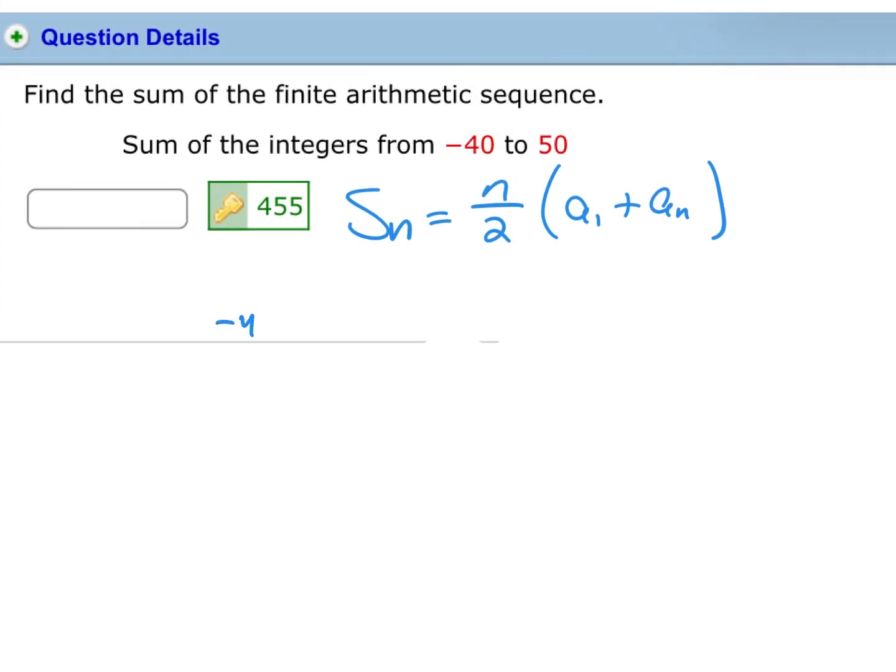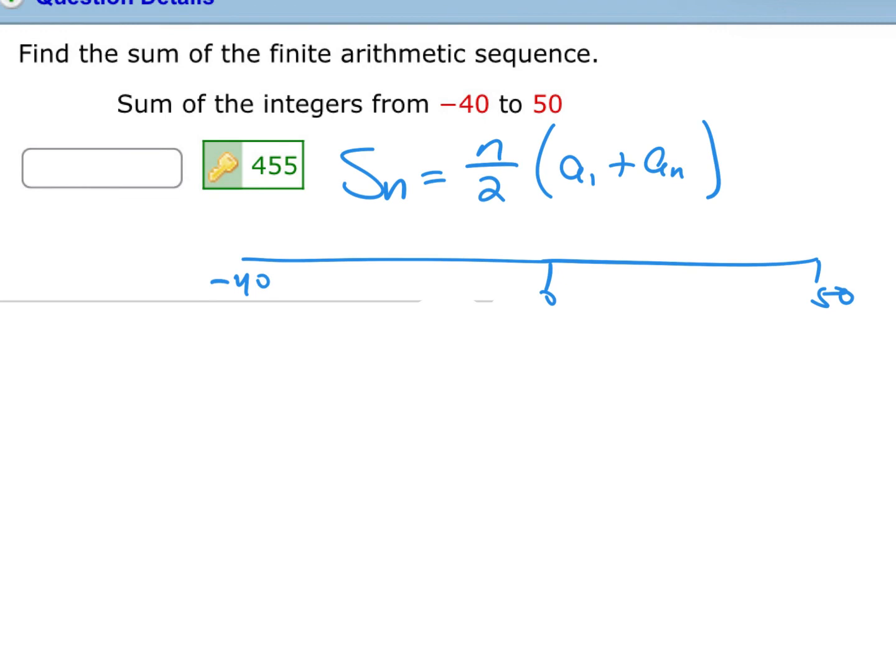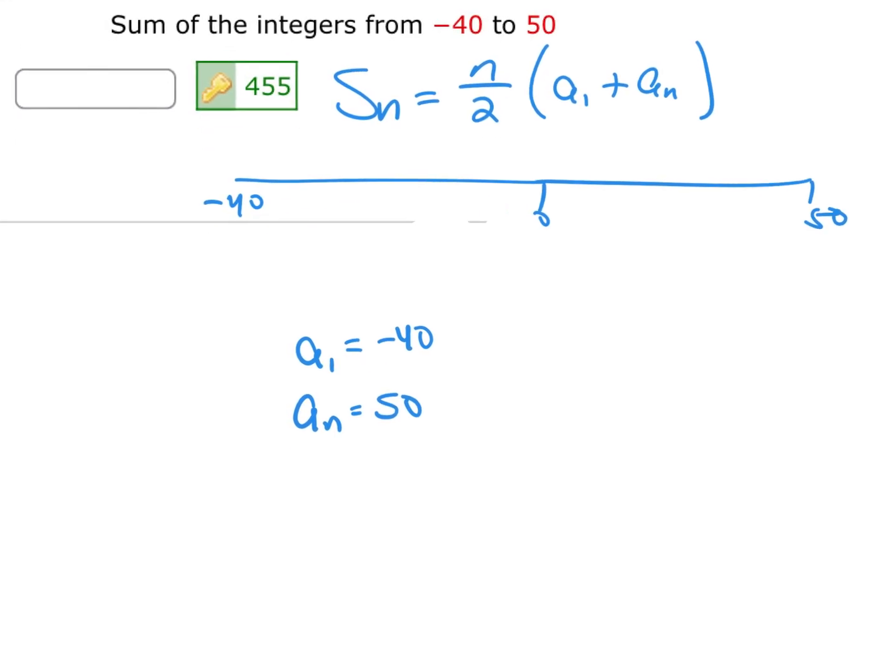From negative 40 to positive 50. So think about it. I already know two things right off the bat. What is the first term they want me to use? Negative 40, good. What's the last term? Positive 50. Now, here's where I want you guys to see this. How many terms, how many integers are from negative 40 to positive 50? 90.